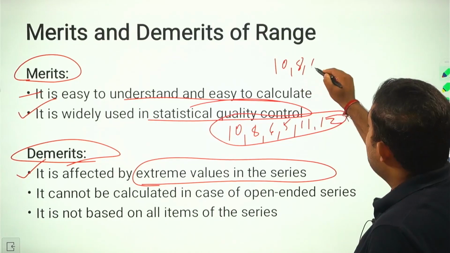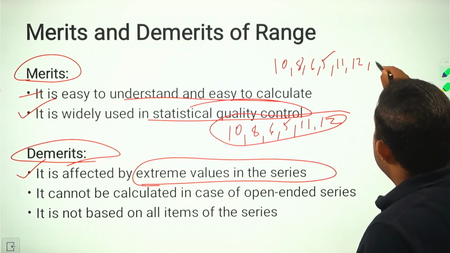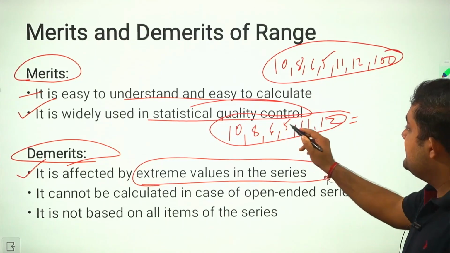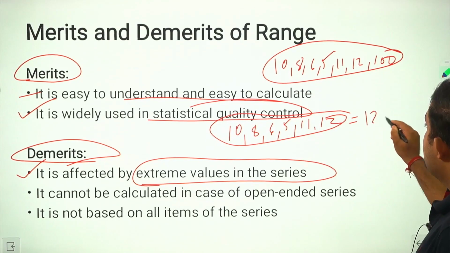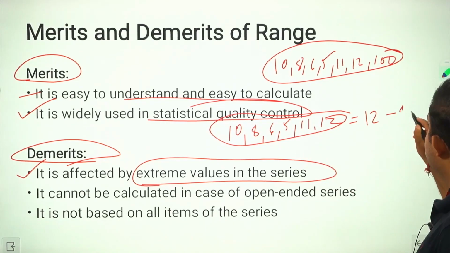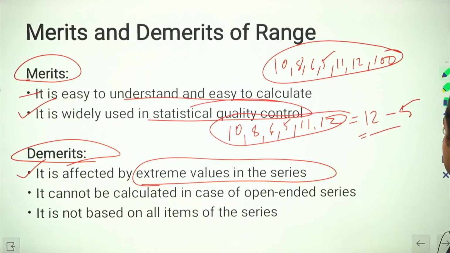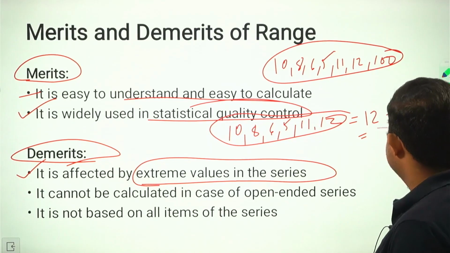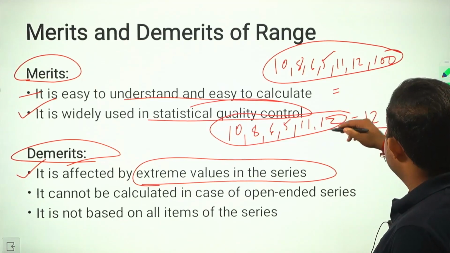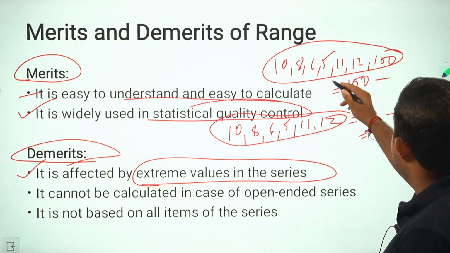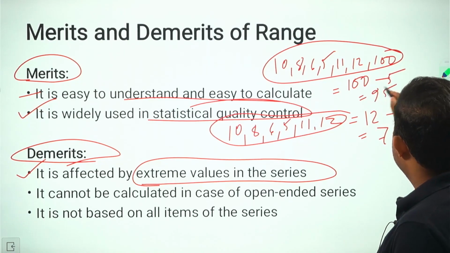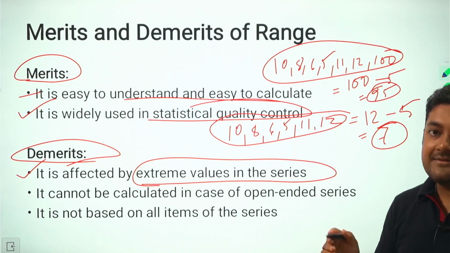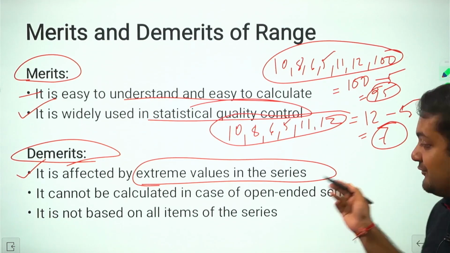The largest value is 12, smallest one is 5, so what will be the range? 7. And here largest value কি হয় 100, smallest value কি হয় 5, 95. So see whether it is affected by extreme values or not. It is obviously affected by extreme values.